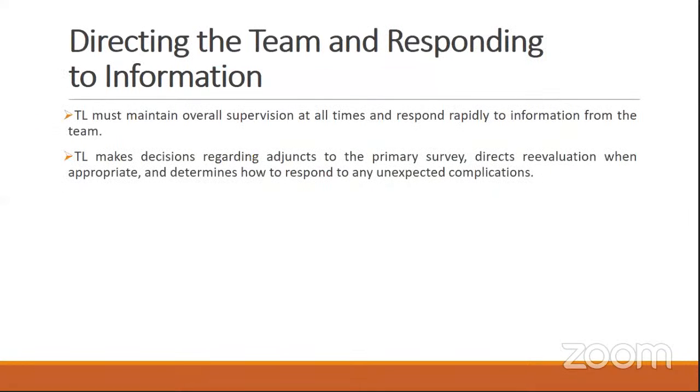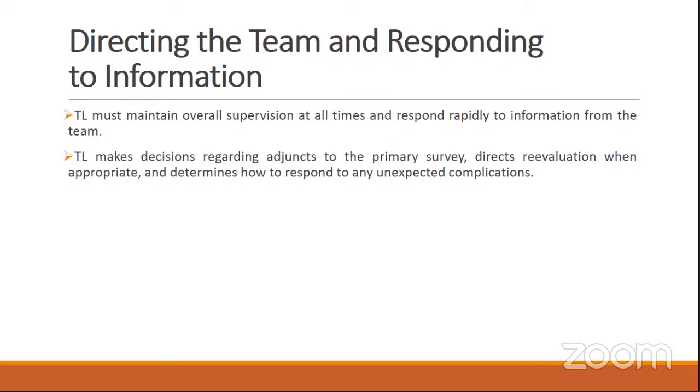So the second role is directing the team and responding to information. That is, the team leader must maintain overall supervision at all times and respond rapidly to information from the team. The team leader makes decisions regarding adjuncts to the primary survey, directs, reevaluates when appropriate, and determines how to respond to any unexpected complications.